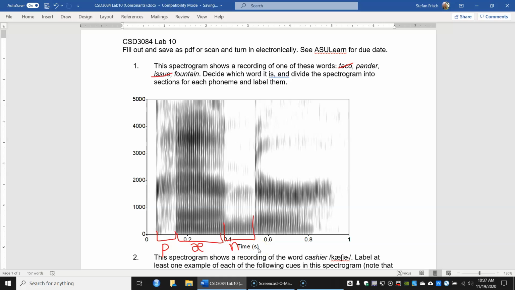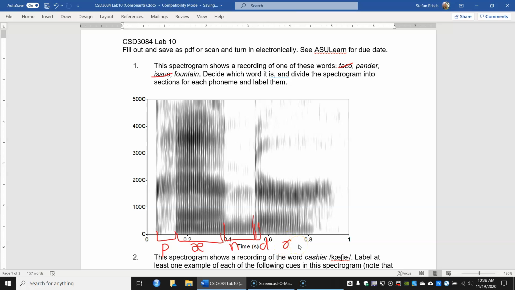For the rest of pander, we'd expect a voiced stop D right after the N. We might expect to see a little bit more silence than we have here, but we do have what looks like a transient at the release of the N, and then we immediately go into phonation, which we would expect with a voiced stop where the voice onset time would be low. And then last but not least, in pander, we would expect an R-colored vowel.